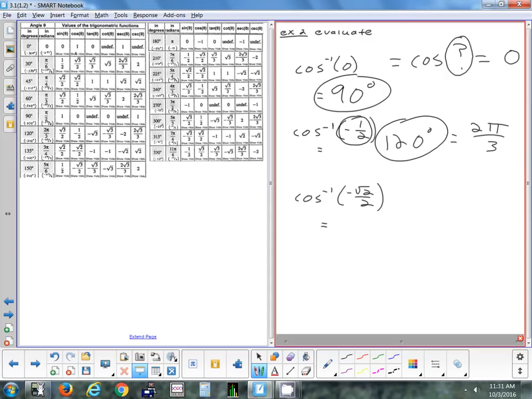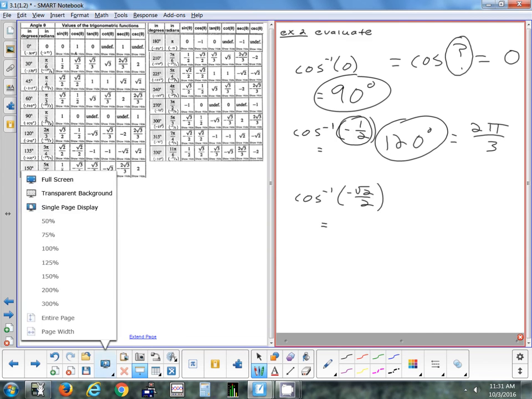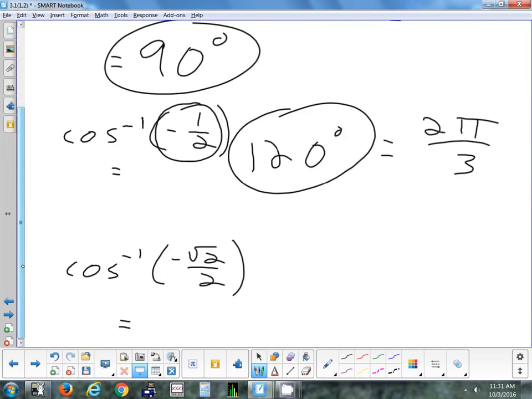All right, so this will be our last one for cosine. If anyone needs me to do another one, I can, but it's pretty much the same. Okay, inverse cosine of negative root 2 over 2. Okay, how about Brian? You see what angle I would take the cosine of and get that as the answer? 135.